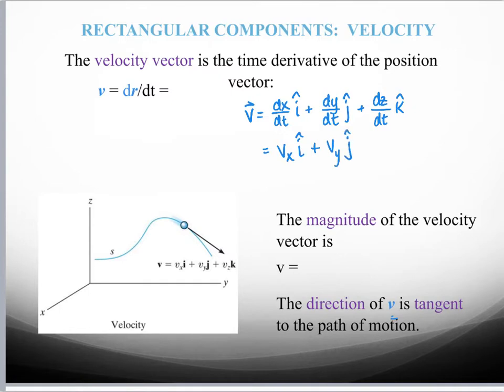So dy/dt is the y component of the velocity, dz/dt is the z component of the velocity. And then for the magnitude of the velocity vector, again, we're going to use the Pythagorean theorem and take the square root of that. And again, reminding ourselves that this velocity vector right here is tangent to the path.